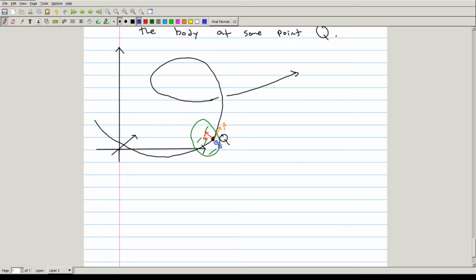And now we will consider another point on the body. We'll call it point P on the body. That's a different point on the body. Maybe let's make this a little bit bigger too, just to illustrate this point.